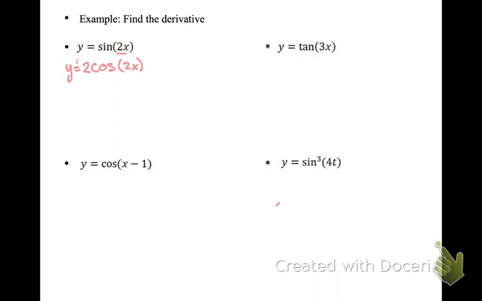Okay, what's the derivative of tangent? Secant squared. So I have secant squared of 3x, and I left a space in the front. What's the derivative of 3x? 3.